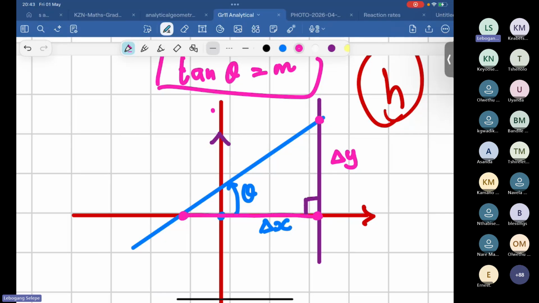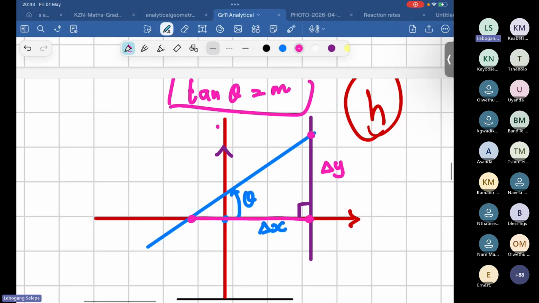Now, when I look at the side that has change in x in it, is that side the adjacent, the opposite or the hypotenuse of this angle theta? It's adjacent. And the other side, change in y? Opposite.